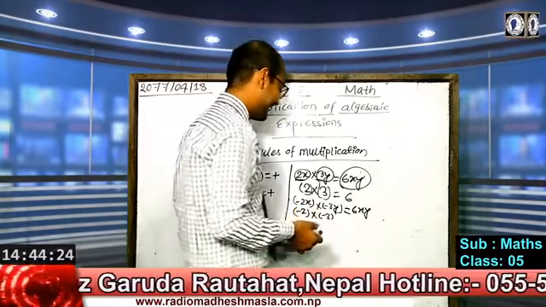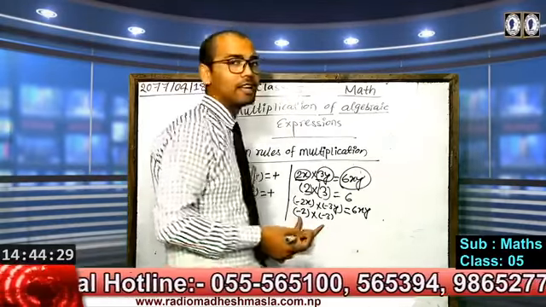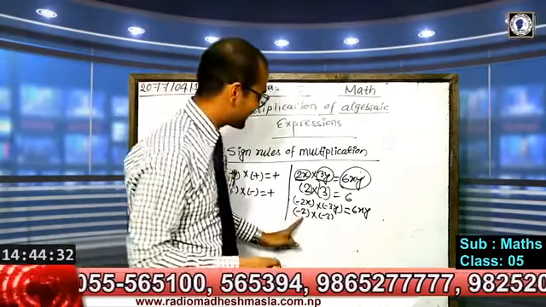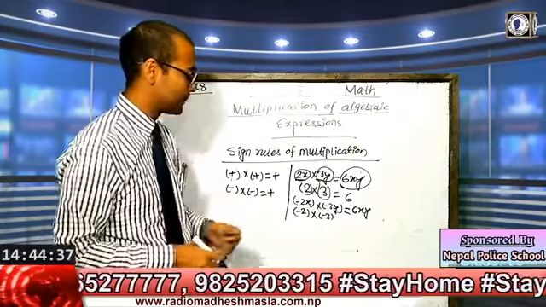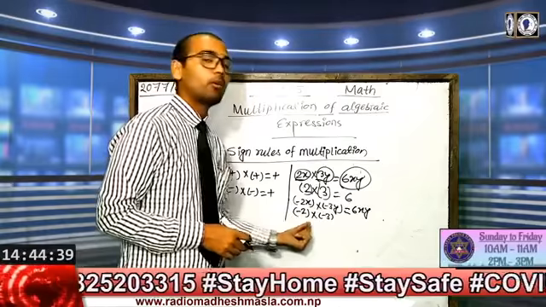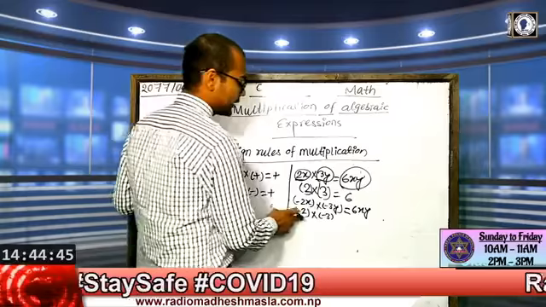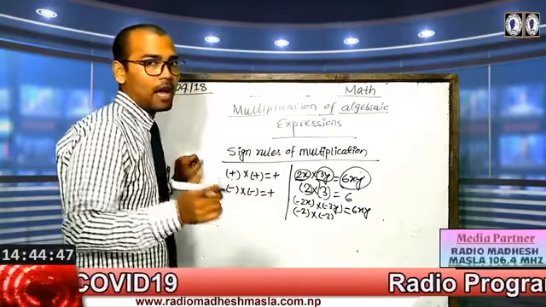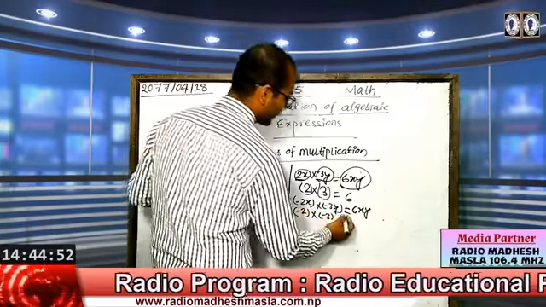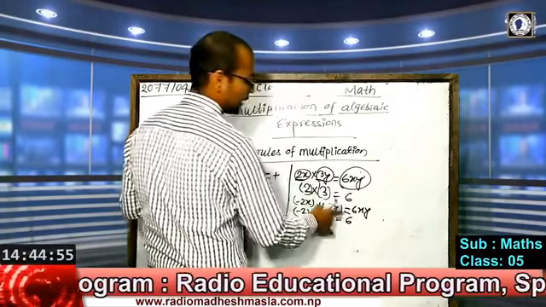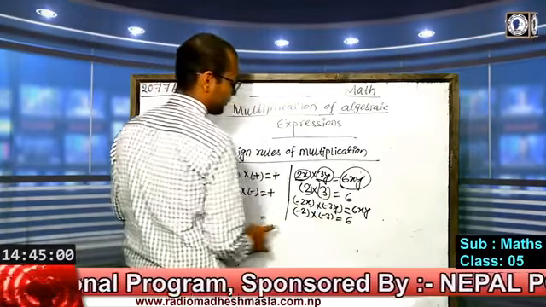Both the numbers have a minus sign, minus 2 and minus 3. So what we can say is that their product becomes positive. Yes, minus into minus becomes plus, and that becomes the product. That means plus, 2 into 3 is equal to 6. There is no sign, it means it's indicating a plus sign. That means positive 6.